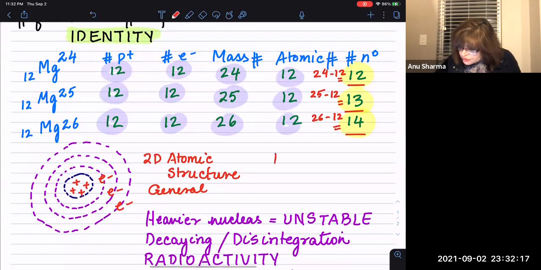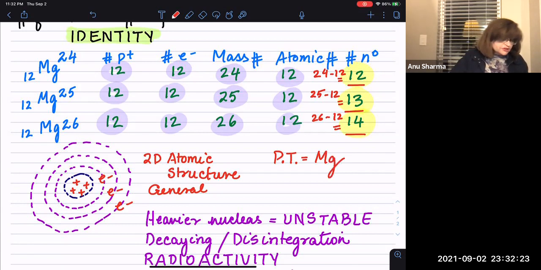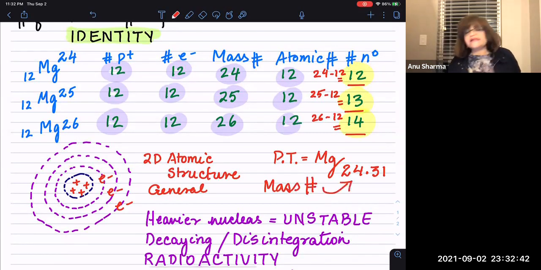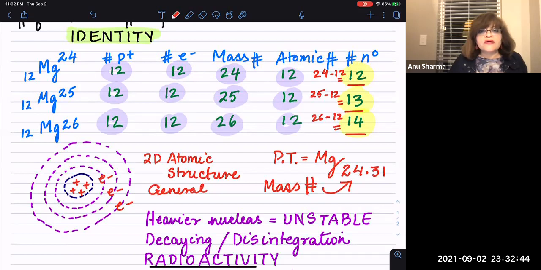But when you look in the periodic table, you see magnesium's weight is written as 24.31. So where is the decimal coming from?